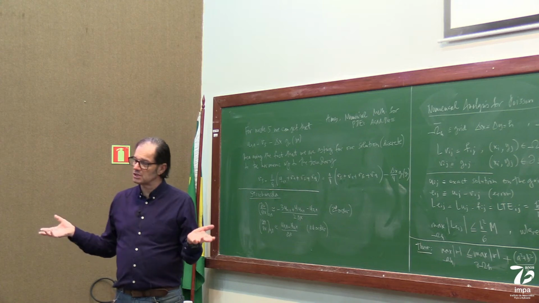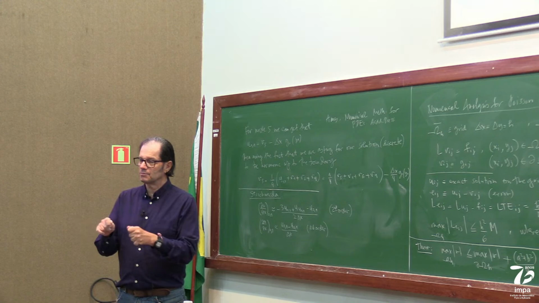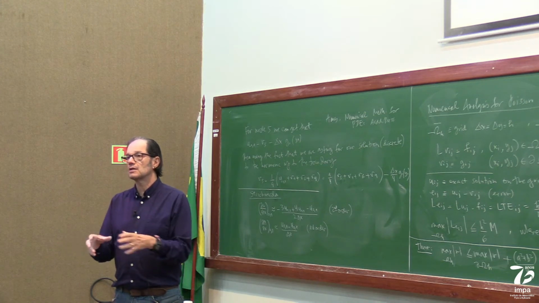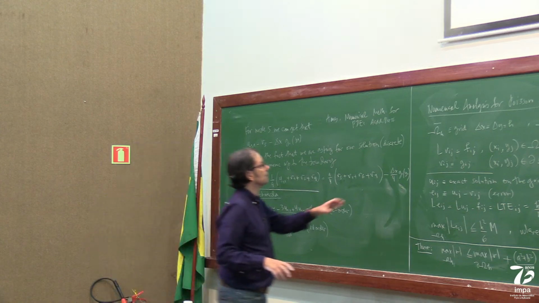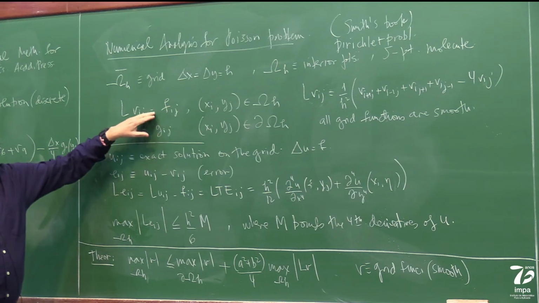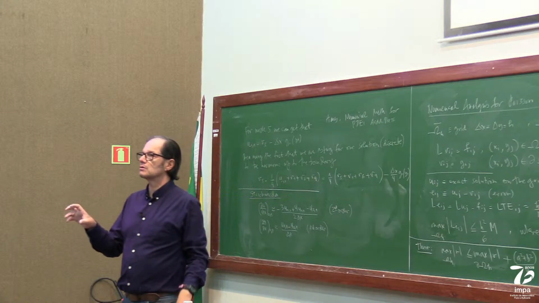It's good as an exercise. It's going to be a technical proof using auxiliary functions. You're going to see this next class. And then we're going to show that if V satisfies this with a five-point molecule, it will converge to order h squared.